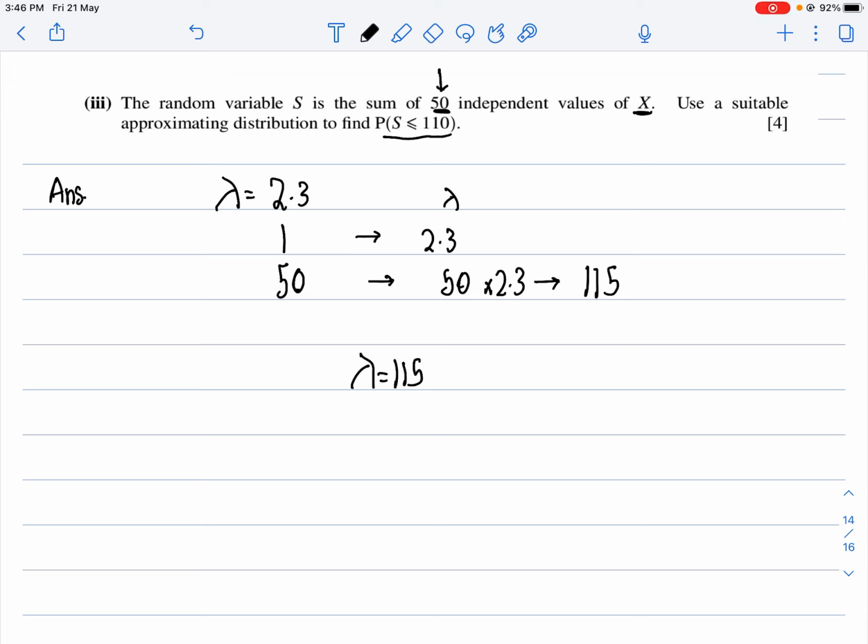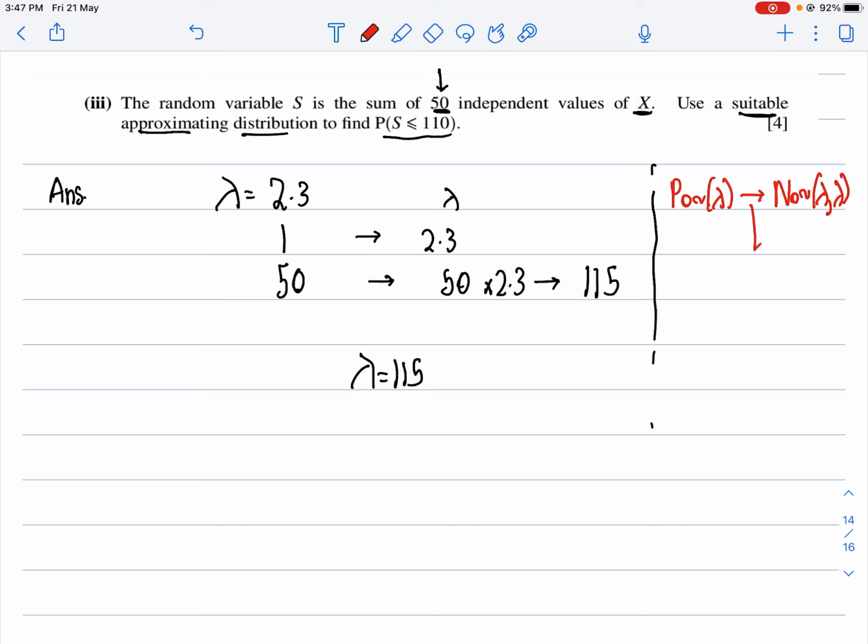Now they have asked us to use a suitable approximating distribution, so you need to know your conditions here. What is the condition of converting a Poisson with a lambda to a normal, where my distribution becomes normal with mean lambda and variance lambda?